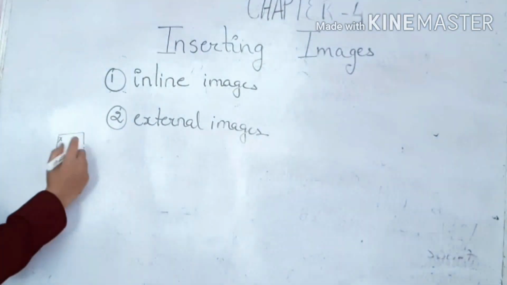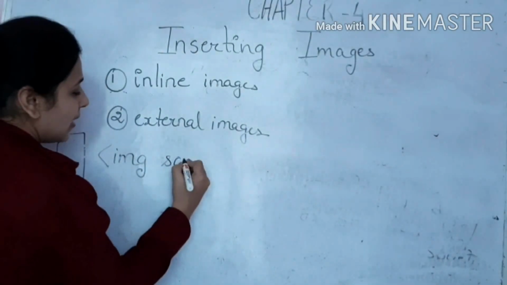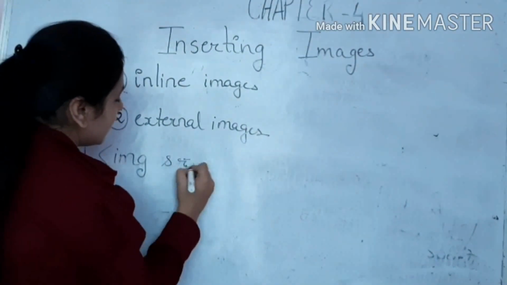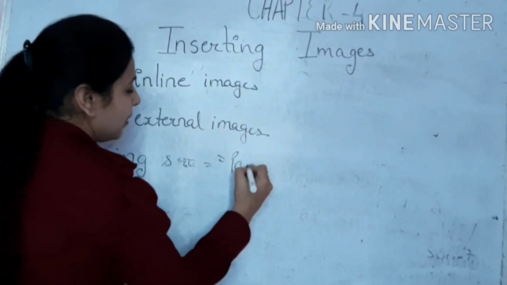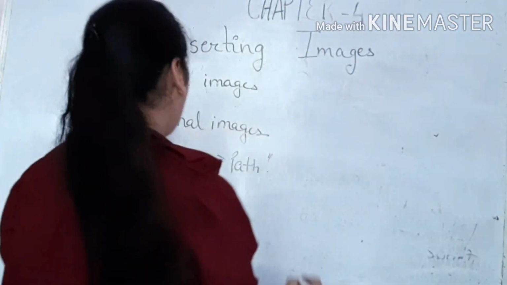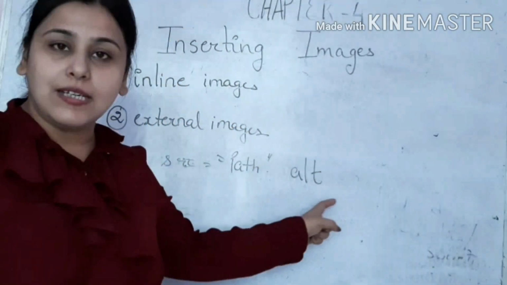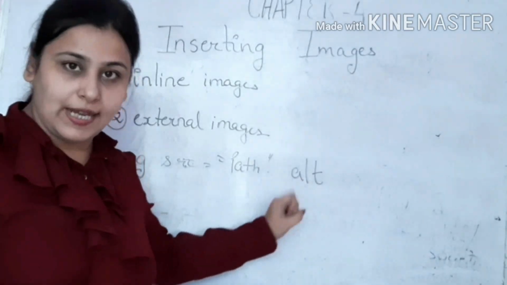alternate text. How? You will write IMG SRC, and then the entire path of the image. If you want to use the height and width attributes, you can write them. Otherwise, you can use the ALT attribute, alternate text, here.